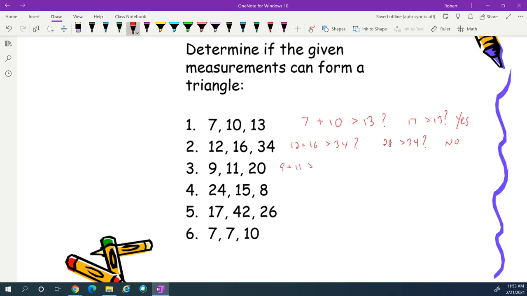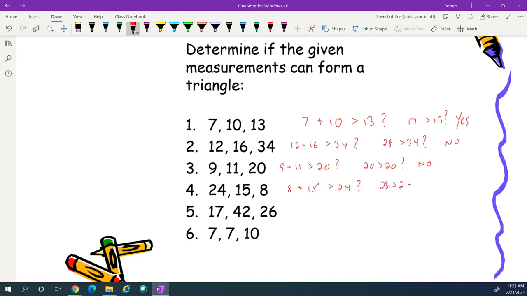9 plus 11, is that greater than 20? Well, is 20 greater than 20? No. The sum of the two smaller is what we're testing.